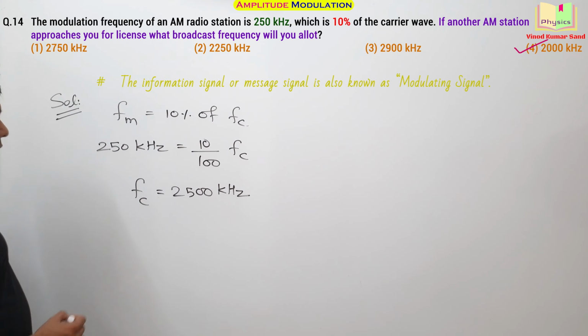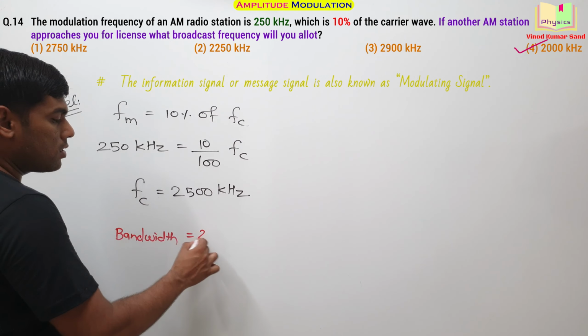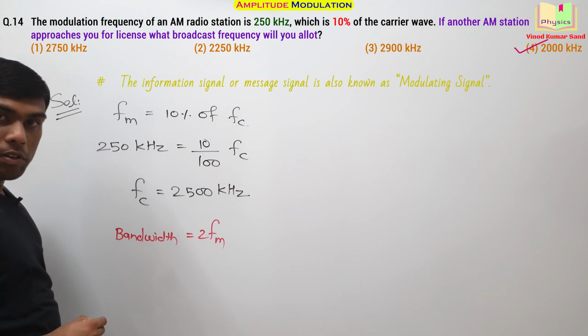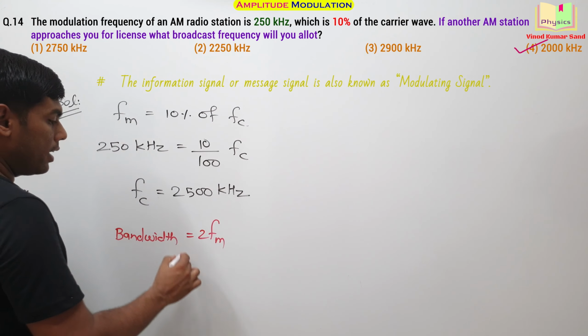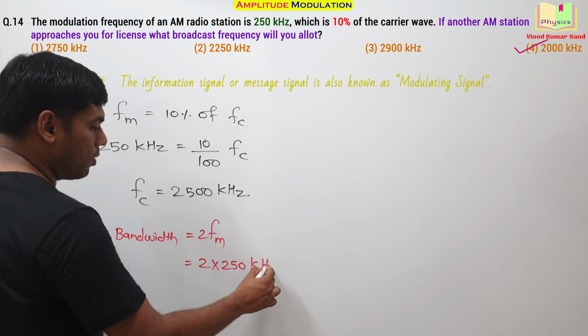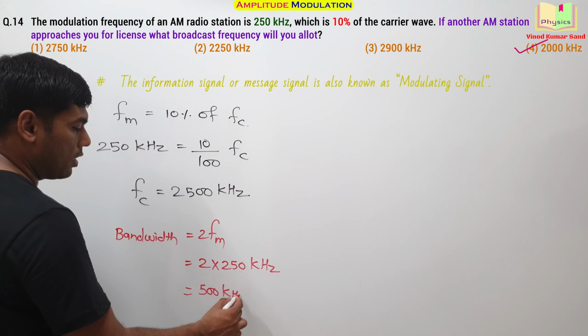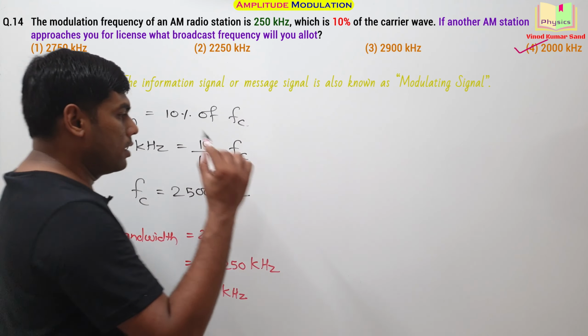Another piece of information we require in this question is the bandwidth. Bandwidth is twice of the FM. Do you remember? And FM is available. It means the bandwidth here is 500 kilohertz. Now, using this information, I am trying to plot a picture.